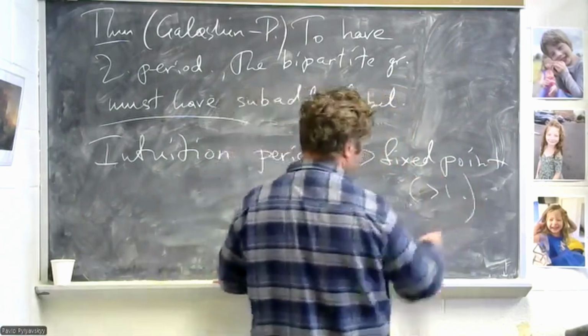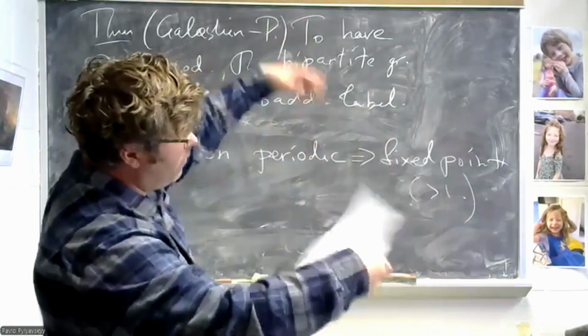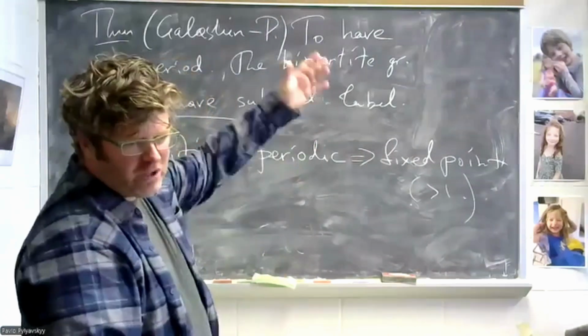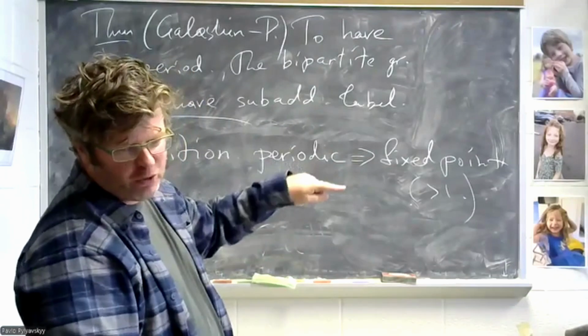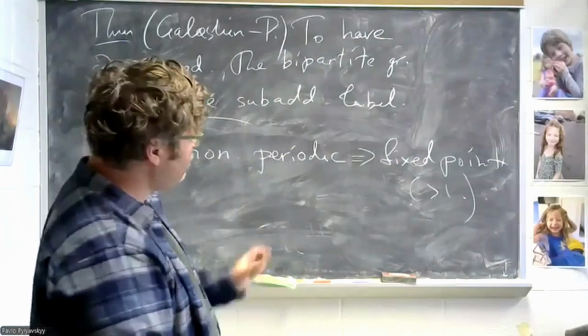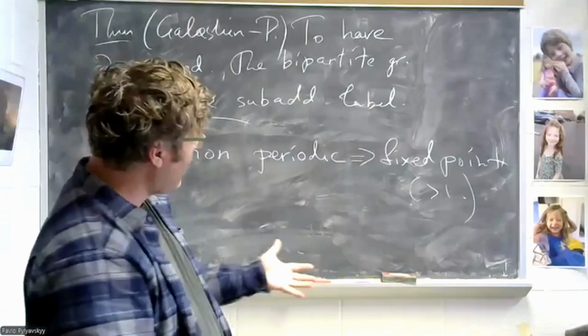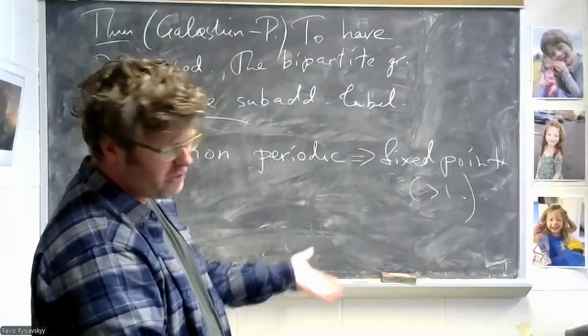That's the technical condition. If you're not periodic, you expect that it will grow and grow. But if you're periodic, then it somehow doesn't grow, it comes back. So it's not unreasonable to think that somewhere in the middle there is a fixed point. If you start with all numbers equal to 1, at the next step they will all be bigger than 1.